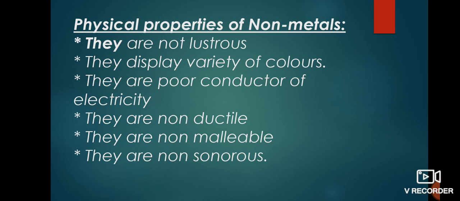Metals show only silver gray or golden yellow color, but non-metals show a variety of colors. Non-metals are poor conductors of heat and electricity. Non-metals are non-ductile and non-malleable, which means we cannot beat them into thin sheets or draw them into thin wires. Next, they are non-sonorous.